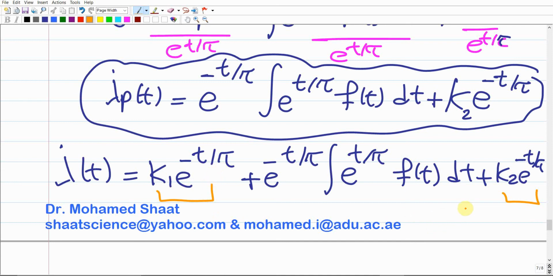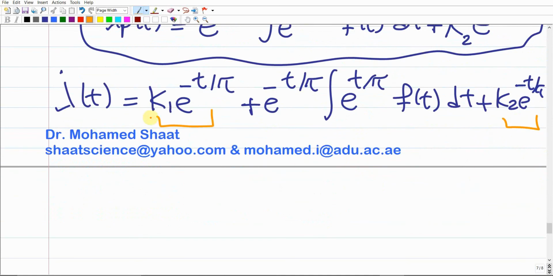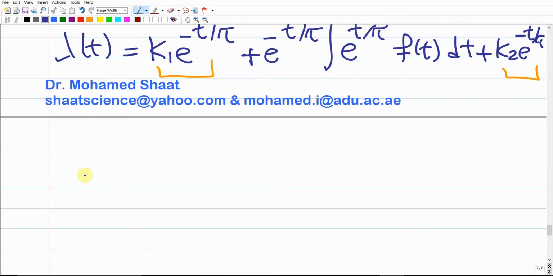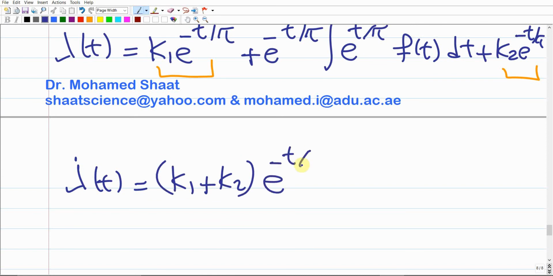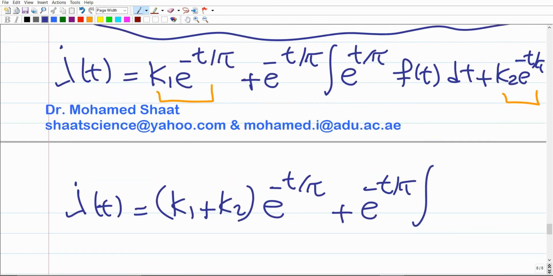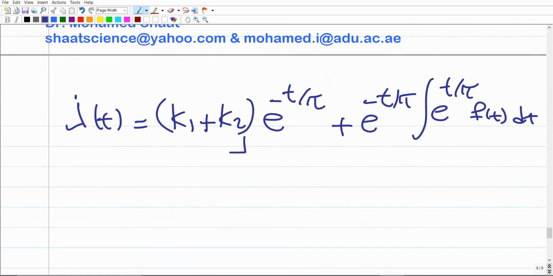If we combine both of them together, we're going to end up with this expression. I'm going to move step by step. So the total current is going to be k1 plus k2, both times e^(-t/tau), plus e^(-t/tau) times the integration of e^(t/tau) f(t) dt. How about if I assume these two constants are just K?